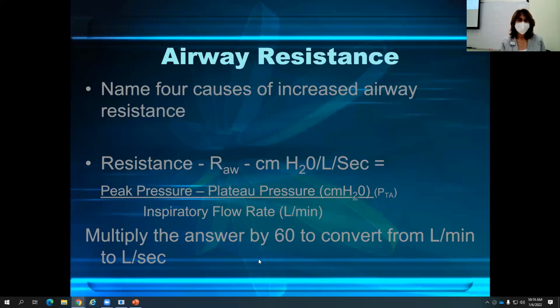If the flow rate is 30 liters a minute, you plug 30 into the formula, and after dividing, multiply by 60. Your answer is in centimeters of water, the pressure, per liter per second, the flow. So pressure over flow is resistance.